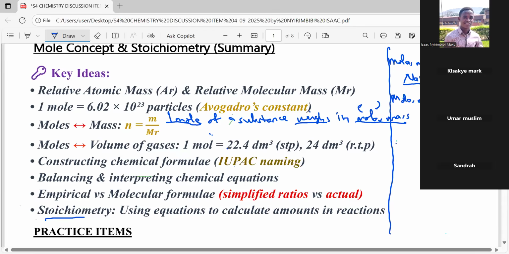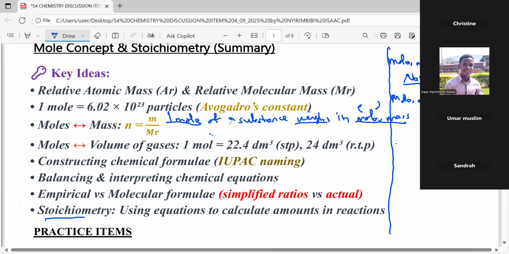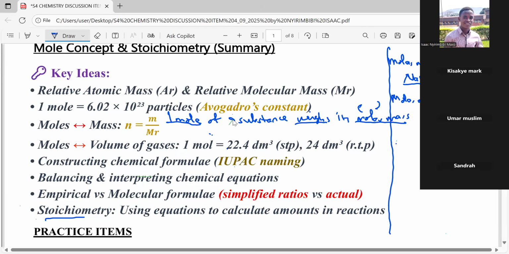Now you recall, we are looking for the moles of sodium hydroxide in 6 grams. Which relationship are we using? The first statement I gave: 1 mole of any given substance weighs its molar mass, or the molar mass of a given substance contains 1 mole.